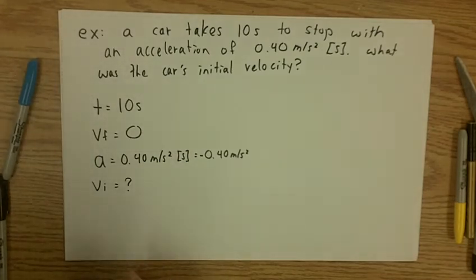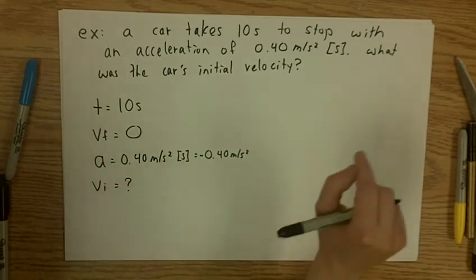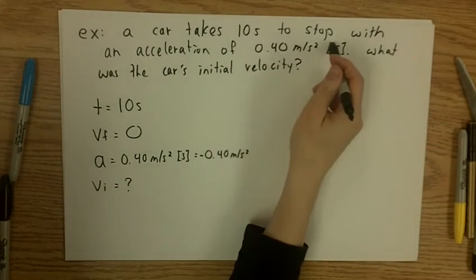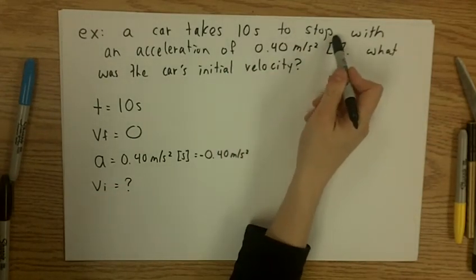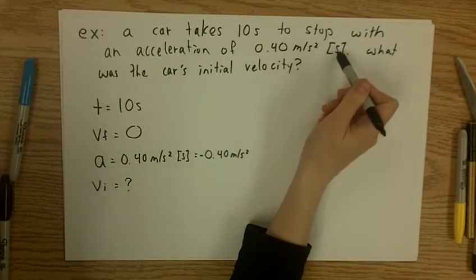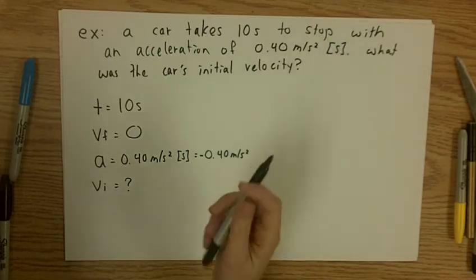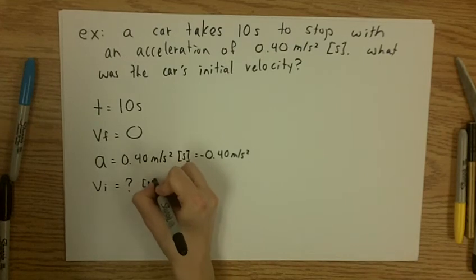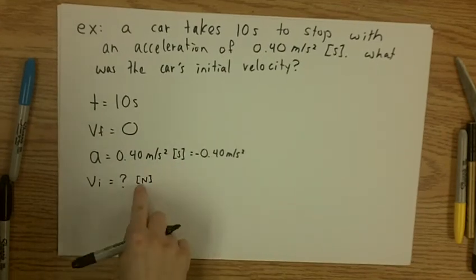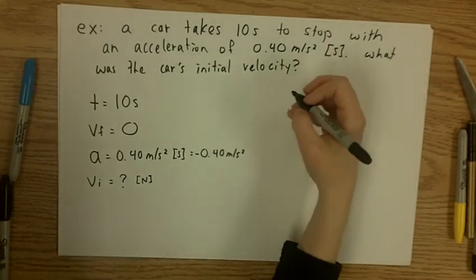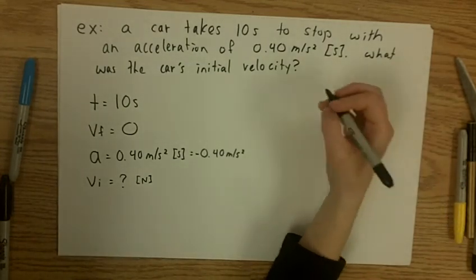Just looking at the situation, I can figure out what direction vi is going to have. Since it's coming to a stop, that means it's slowing down. The acceleration has a direction of south. If it's slowing down, the velocity should have the opposite direction. So I can predict that the velocity is going to be positive, which will mean north. And we can see that we're right when we do the steps.